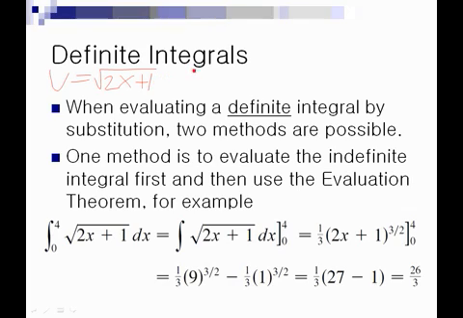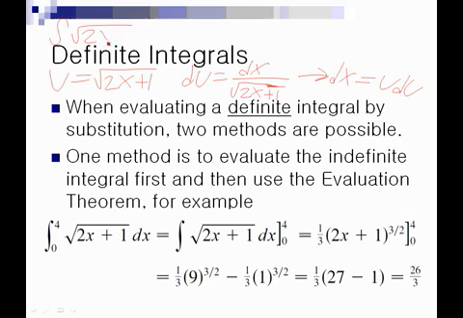As we already learned before, if we do that, du is dx over the square root of 2x plus 1, thereby giving you that dx is u du. And so our integral of the square root of 2x plus 1 dx therefore transforms into the integral of u squared du.